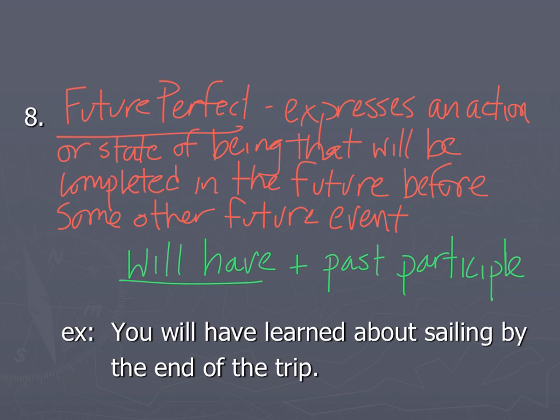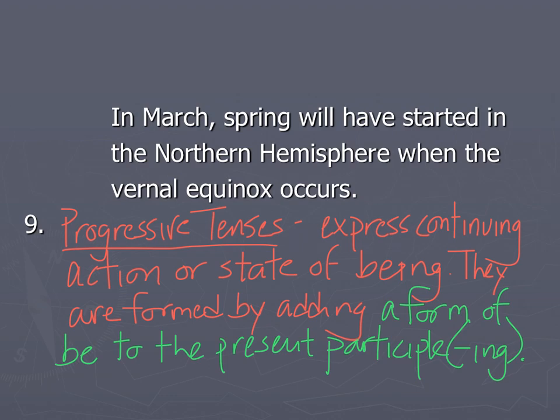So in the first sentence here, you will have learned about sailing by the end of the trip. So the future perfect verb is will have learned. And if we go to the next slide, we have another sentence. In March, spring will have started in the northern hemisphere when the vernal equinox occurs. So the future perfect verb is will have started.